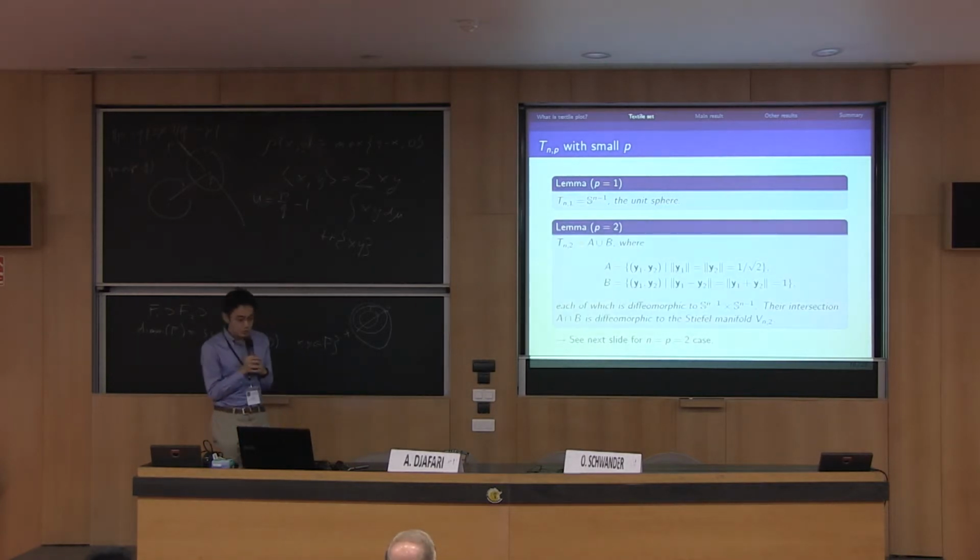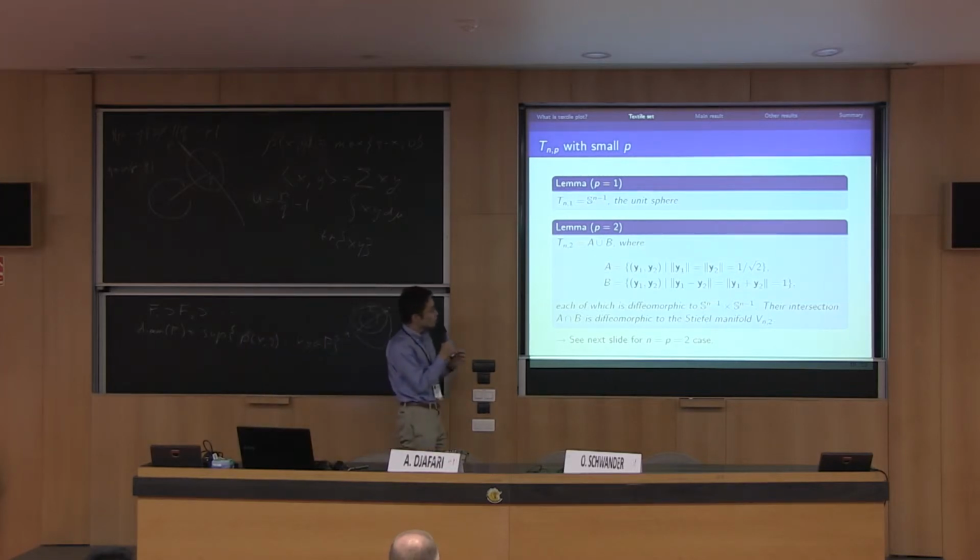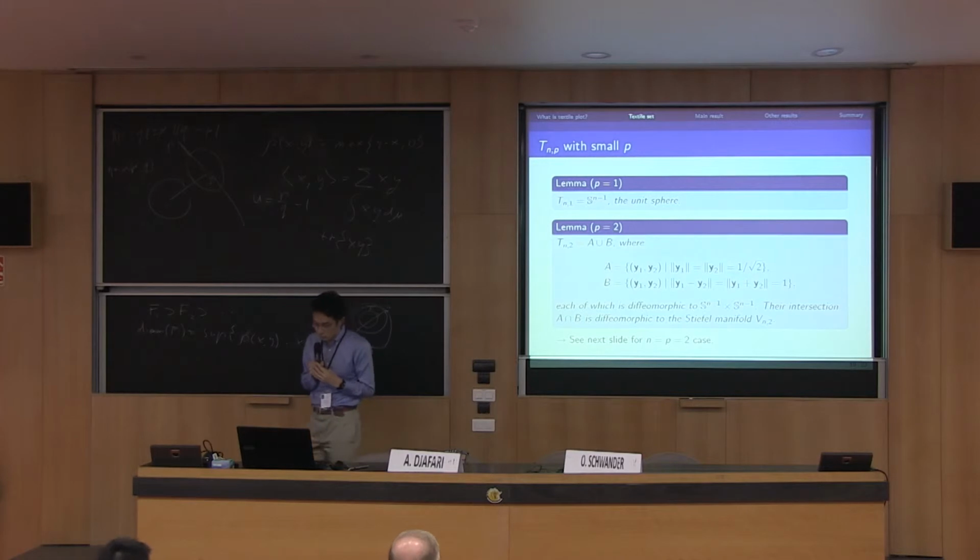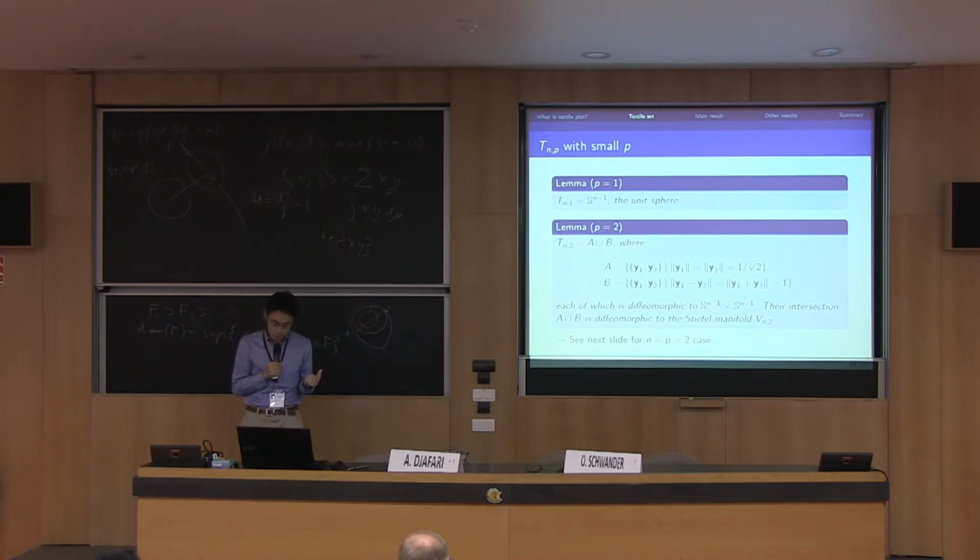And if p equal 2, T_n,2 is decomposed into two manifolds, each of which is diffeomorphic to the direct product of two spheres. And their intersection, A cap B, is diffeomorphic to the Stiefel manifold with lower dimension.